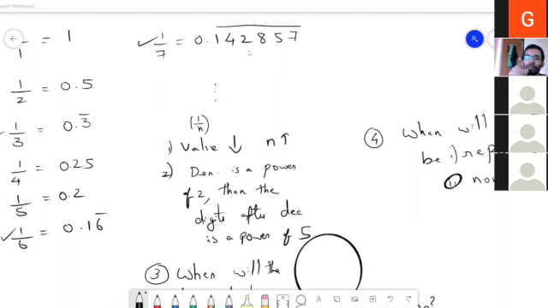Now Bhagesh ma'am is looking into when the repeating block has just one digit. Very interesting, and she has made a nice conjecture about that. Bhagesh ma'am, if possible, can you try to give an explanation of why it might be true?